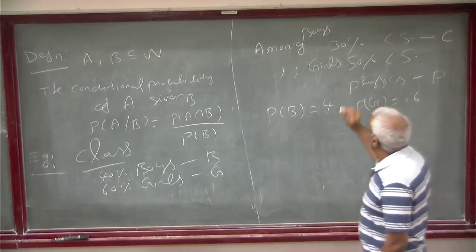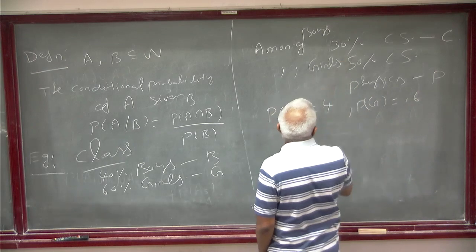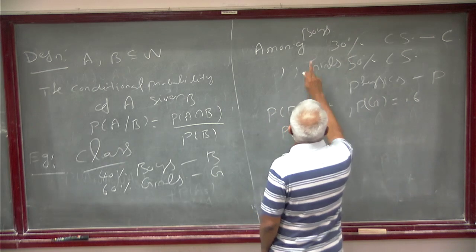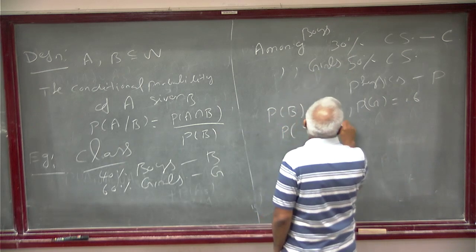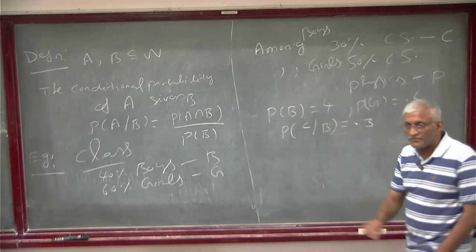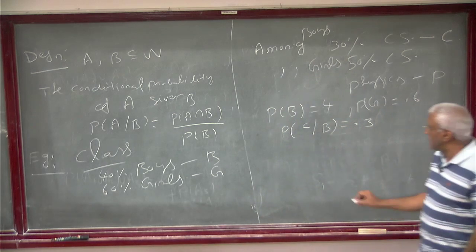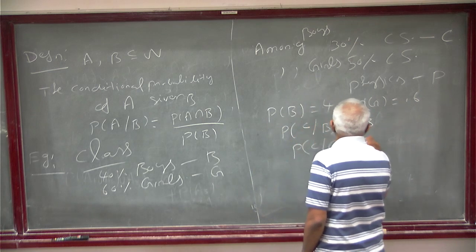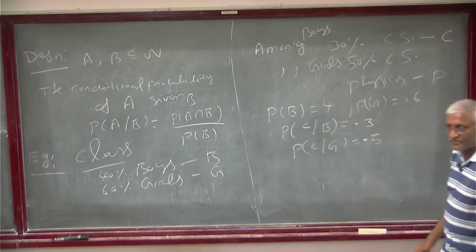Now what is given is the probability of C given B, which is 0.3, and similarly, the probability of C given G is 0.5.